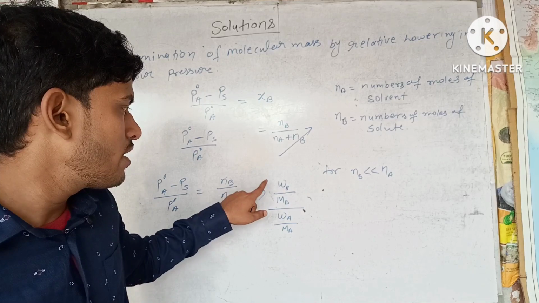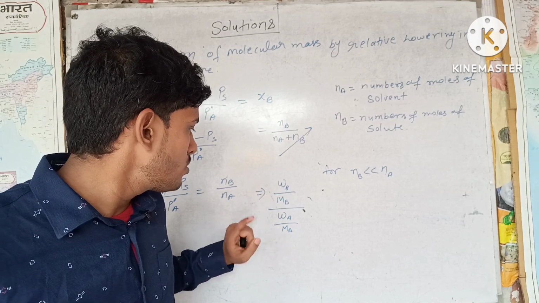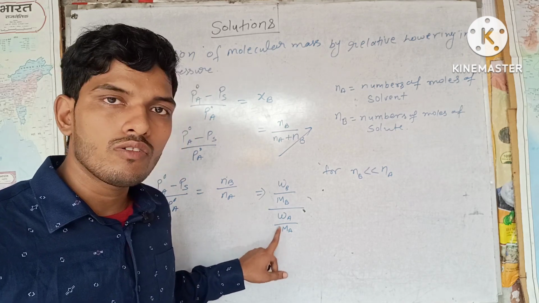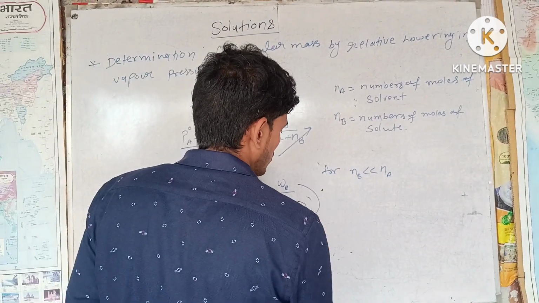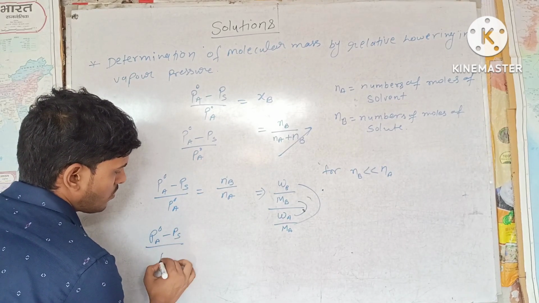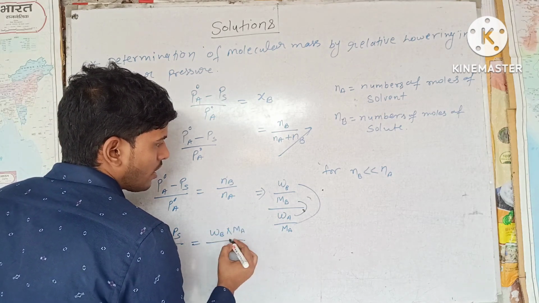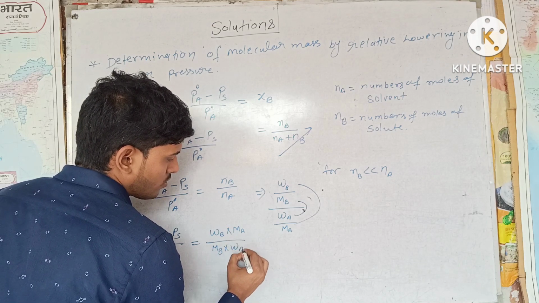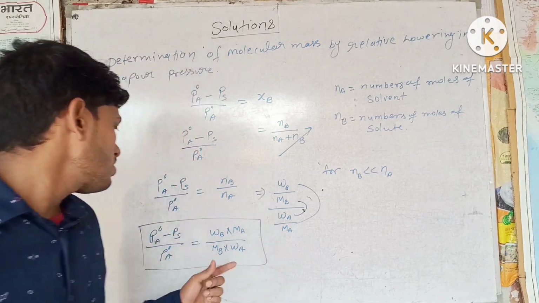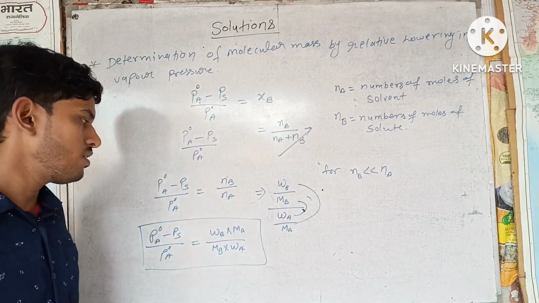So wb is the weight of solute, mb is the molecular weight of solute, wa is the weight of solvent, and ma is the molecular weight of that particular solvent. So after rearranging, we get P naught A minus Ps upon P naught A equal to Wb into Ma upon Mb into Wa. This is another formula of relative lowering of vapor pressure. We use this formula for determination of molecular mass. Okay, so note it down, this formula.